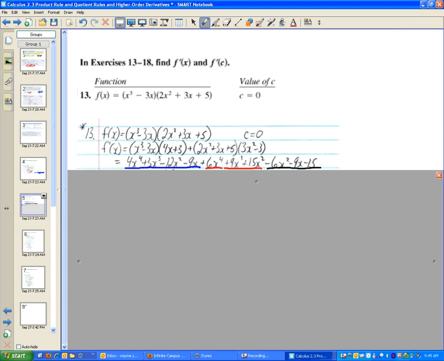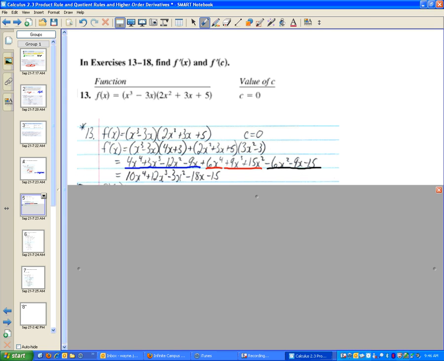Combine like terms. How many x to the fourths do we have? We have two different terms, and when you combine them, 10x to the fourth. All right, what do we end up with? What's the coefficient on x cubed? 12. And the coefficient on the x squared? What kind of 3? Why would it be positive?